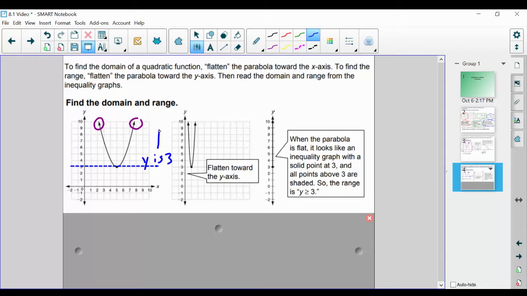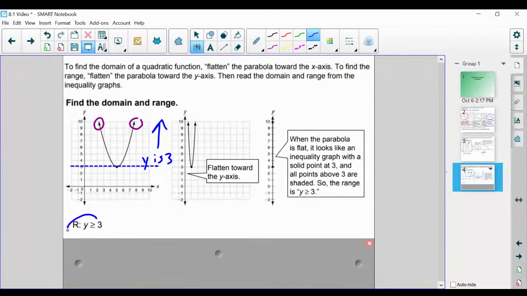But since we're going up, our y is increasing. So it's going to be y is greater than or equal to 3. Because the lowest possible value that we could use is 3, but we keep increasing and going up and up and up. So 5 works, 10 works, 100 works, 427 works, 375,462 is a possible y value because we keep on going forever and ever since those arrows are pointing up.